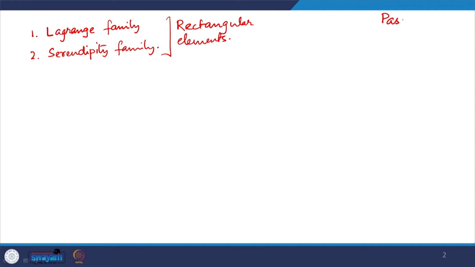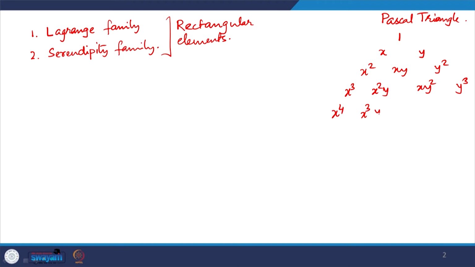So, one thing that we need to look at, as we discussed about the triangular elements, there was always a 1 to 1 mapping. So, in the Pascal triangle, right.